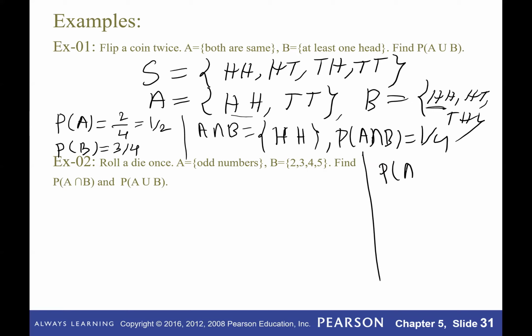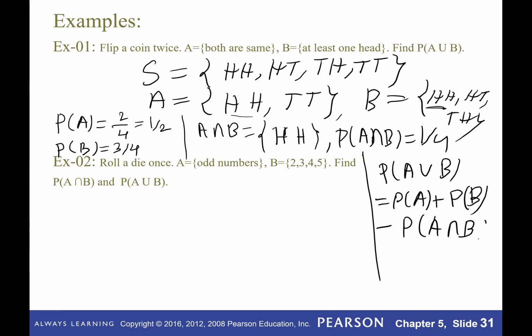So probability of A union B is equal to probability of A plus probability of B minus probability of A intersection B. So that is 1/2 plus 3/4 minus 1/4.